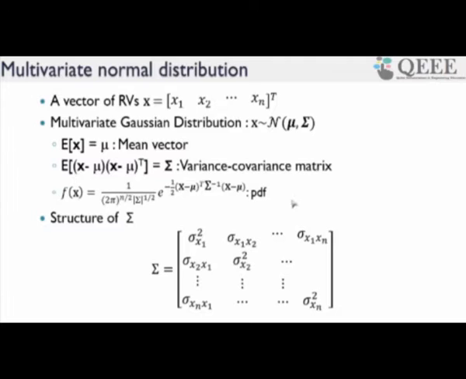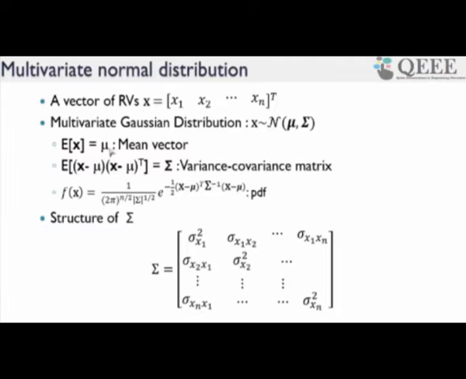So we define what is called a multivariate normal distribution. If I have 10 variables, each of these variables will have an average. So the mean itself is a vector which gives me the average of each of these variables. If I have 10 variables, the mean will be a vector of size 10 by 1, where each component tells me the mean of the corresponding variable.